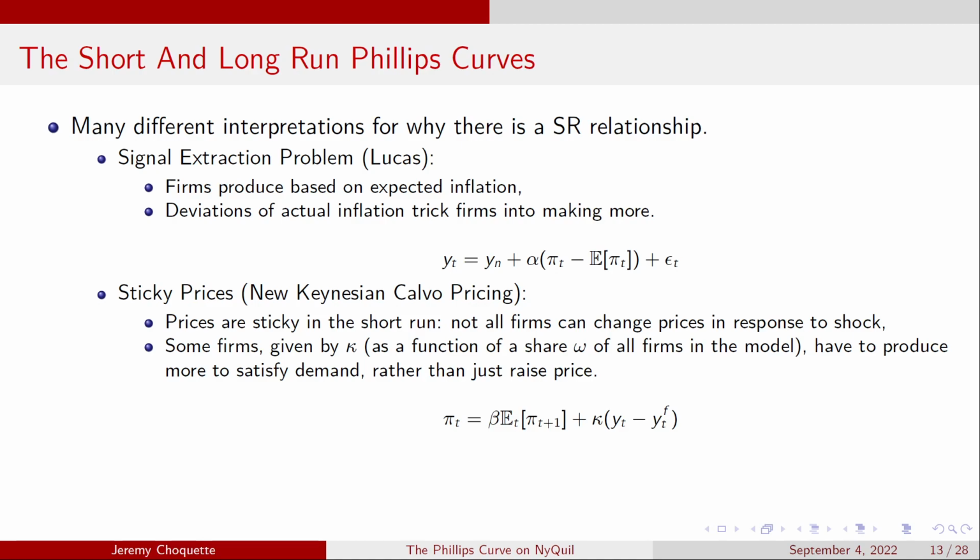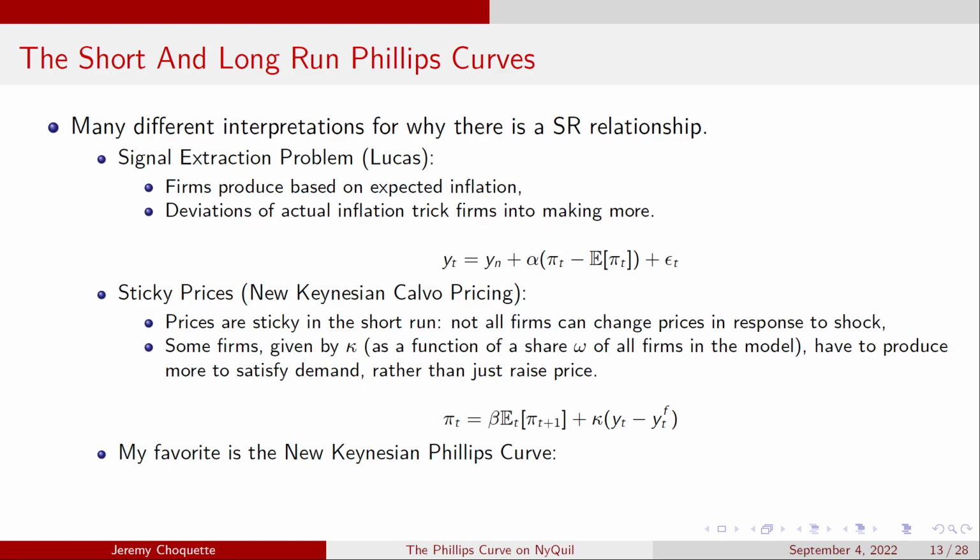And the new Keynesian Phillips curve is given by this, where we have inflation being a function of expected inflation, and this deviation of actual output from a flexible price output, or like potential GDP, so to speak. And this term kappa here is really what is governing the price stickiness.